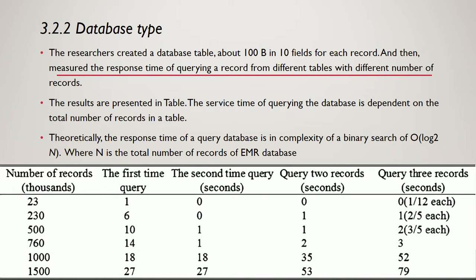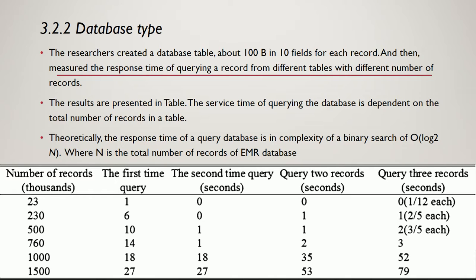And for the database type, the researchers created a database table, about 100 bytes in 10 fields for each record, and then measured the response time of querying records from different tables with different numbers of records.